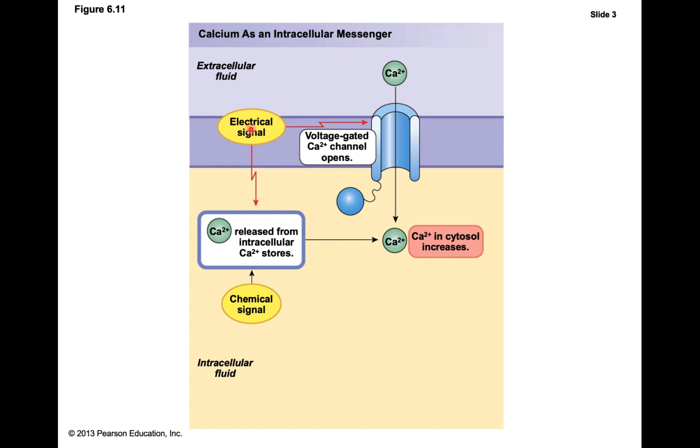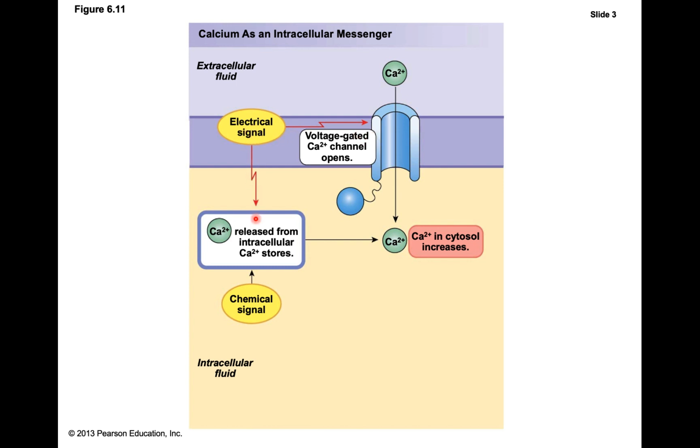The voltage-gated channels open, allowing calcium to enter into the cell, and this calcium, as we know, acts as an intracellular signal. The second thing that happens from this voltage change is that this voltage can also activate those calcium channels on the ER. Remember the ER, it is a huge storage of calcium. So when that voltage shoots through the cell, it not only goes through the membrane, but it also goes internally.